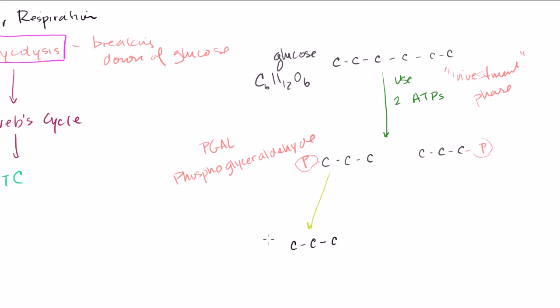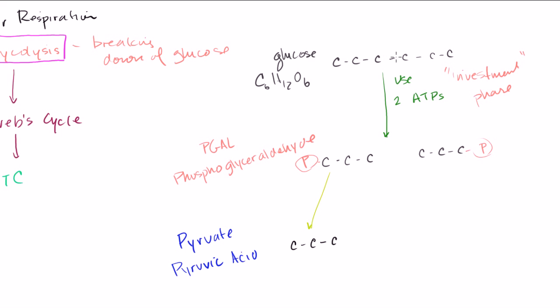Let me write pyruvate in blue, because it's at least good to know the word. I'll show you its structure in a second. Pyruvate is sometimes called pyruvic acid, same thing, and that's essentially the end product of glycolysis.